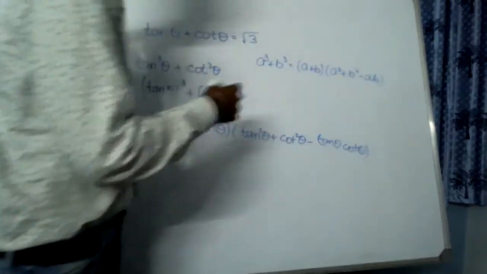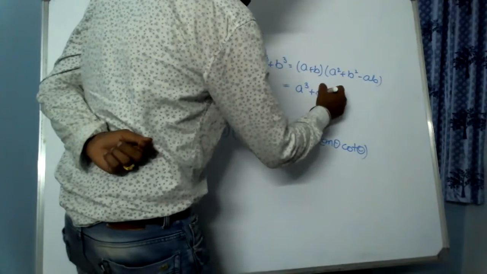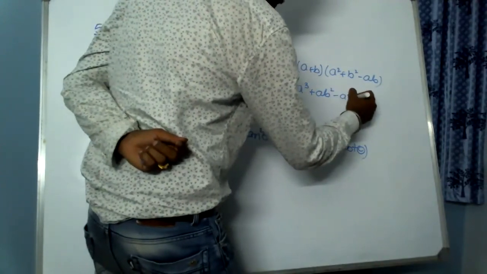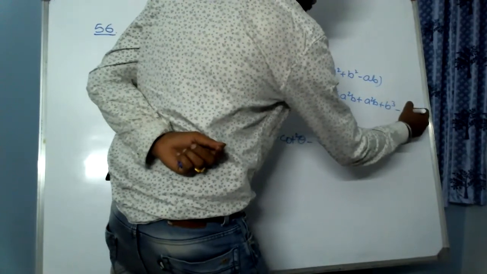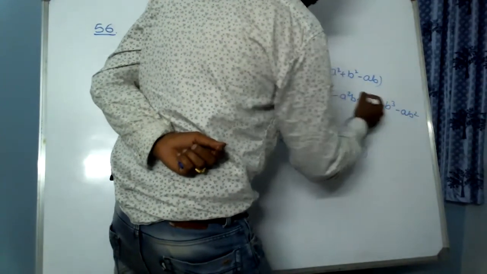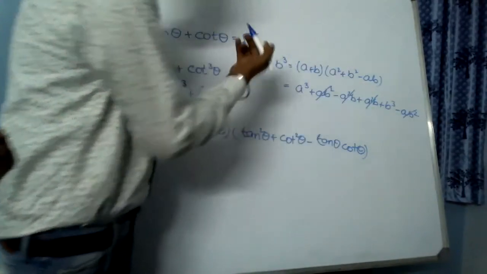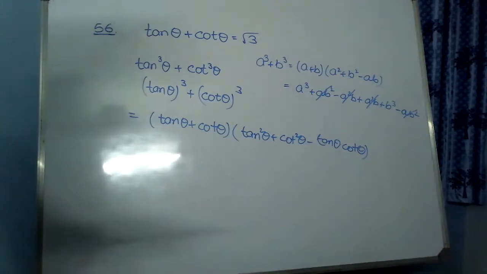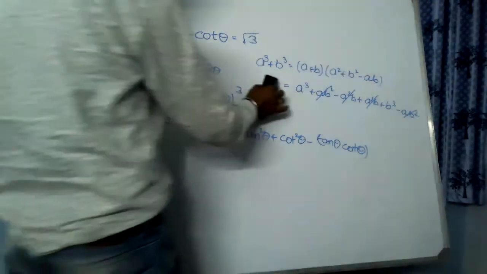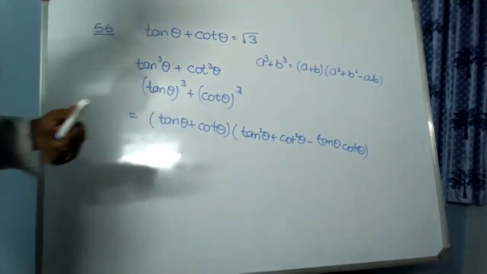If you want to verify this formula, you can simply expand it: A cube minus A square B plus AB square plus A square B minus AB square plus B cube gives A cube plus B cube. So you got the formula verified also. This A cube plus B cube formula is from algebra, but of course it holds good in trigonometry as well. Fine.